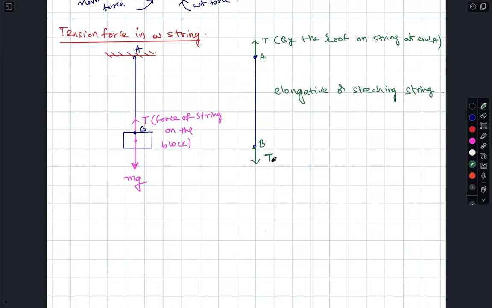So this is how tension force acts in the string. At any point you take, it is the same tension throughout. Unless mentioned otherwise, we usually take a massless string. If you are taking a massless string, tension is the same at every point of the string.